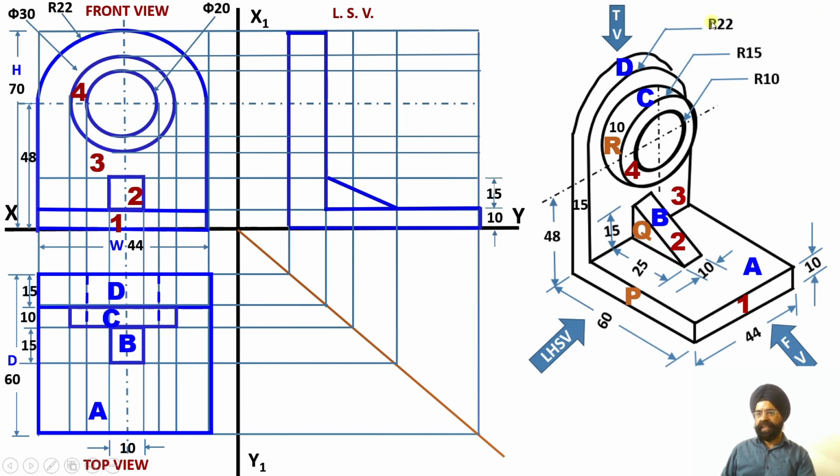Now next I have to draw projections regarding this circular web over here. And what is the depth? 10 millimeter. I know this depth, it is equal to 10 millimeter. What is the diameter which I will be able to see from the side view? This diameter, which is equal to 30 millimeter, and this will be my depth 10.